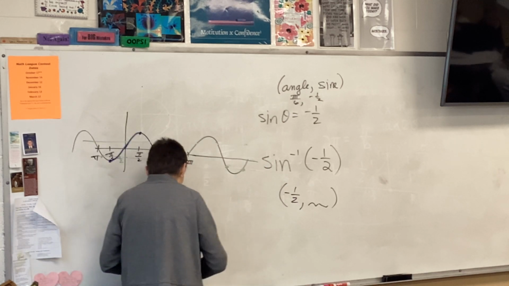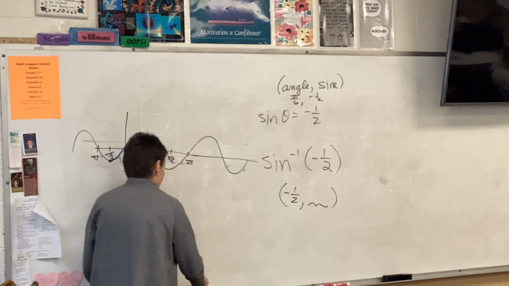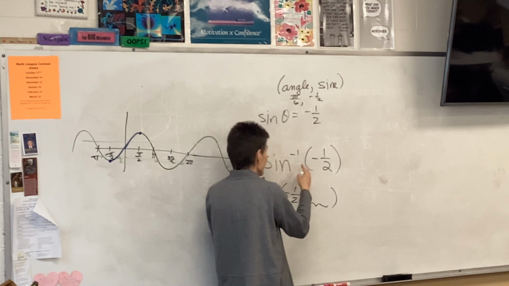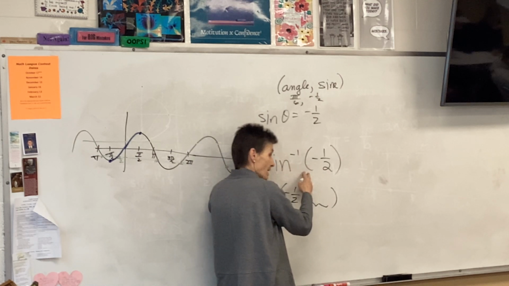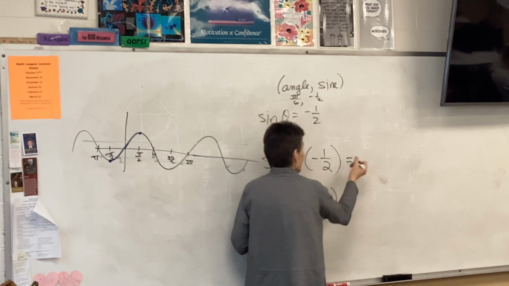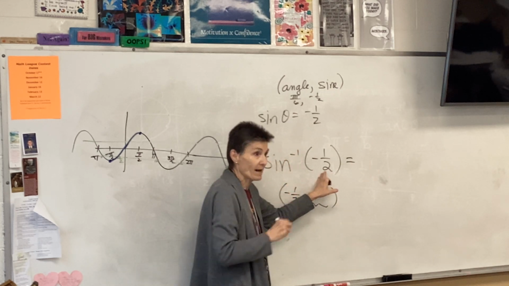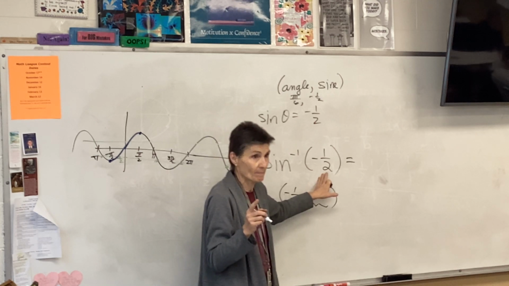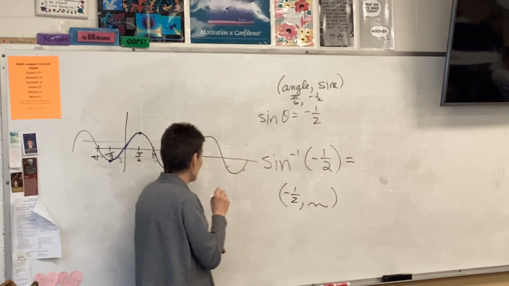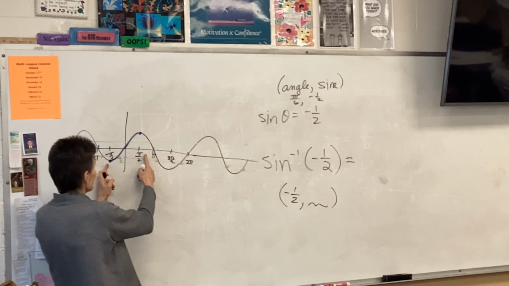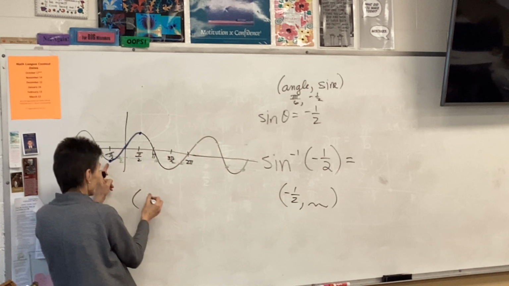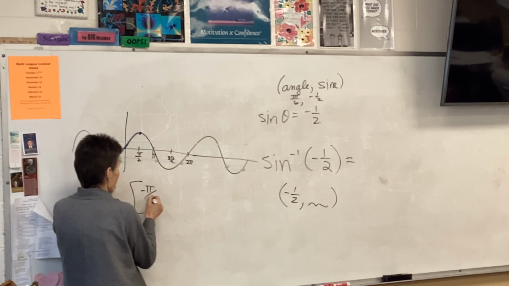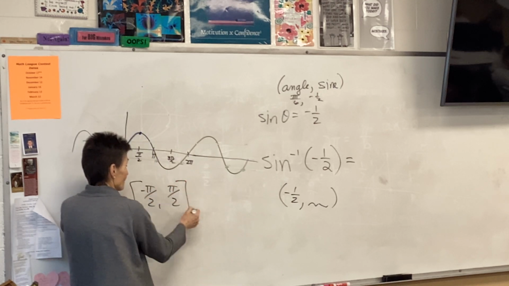So when we answer an inverse sine question, this problem literally says, tell me what angle has a sine of -1/2. And we know there are infinitely many of them. You have to pick the one that is between -π/2 and +π/2.